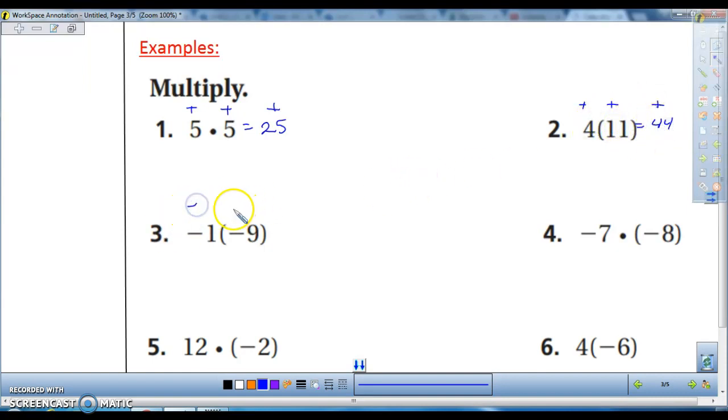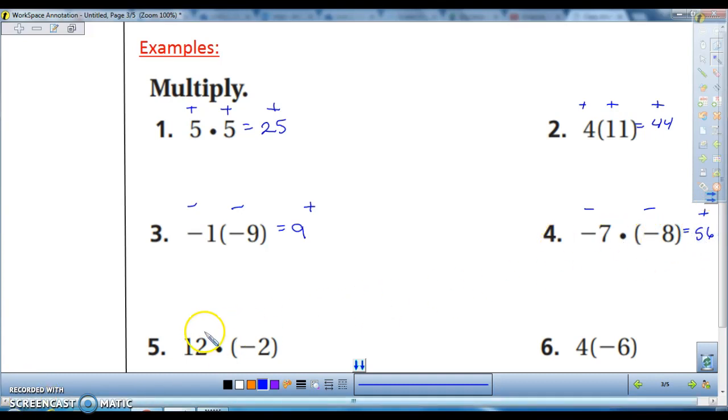A negative times a negative is a positive, and 1 times 9 is 9.